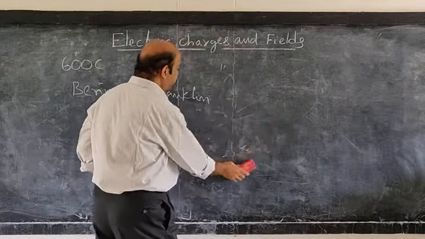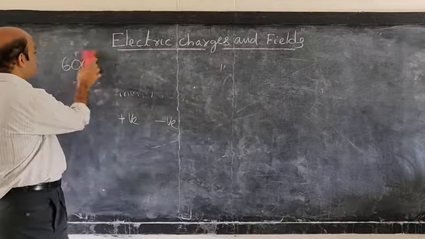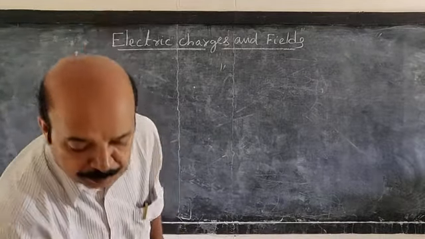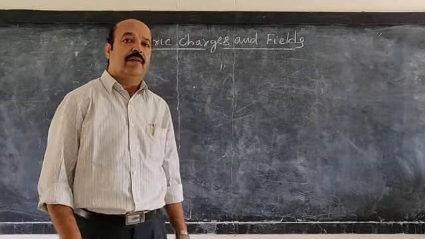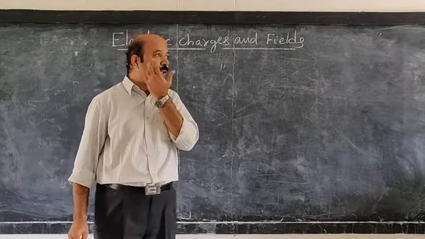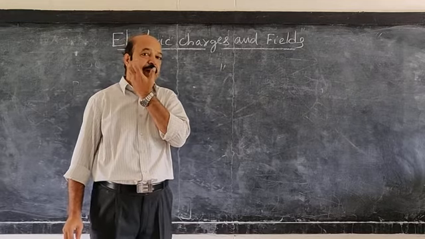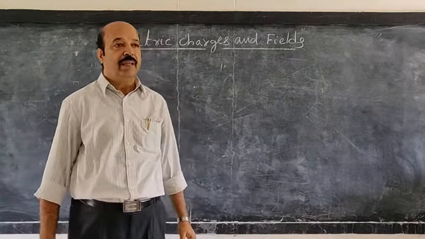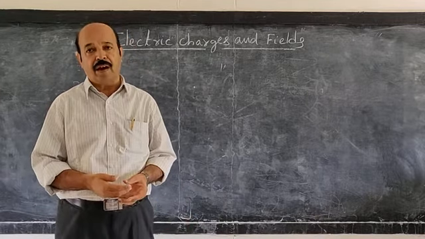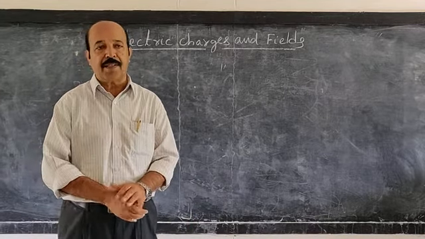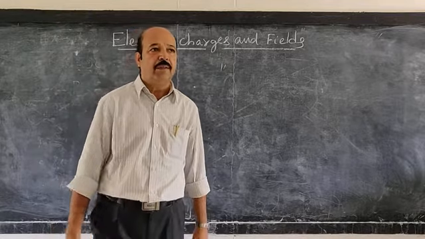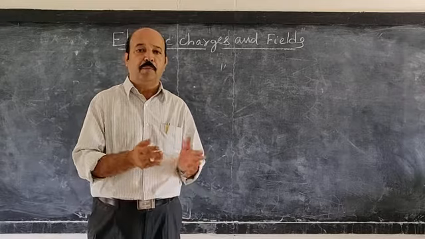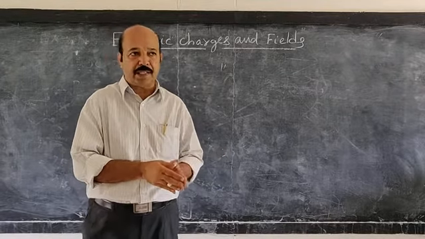Now, there are, as I said, two kinds of electric charges present in any body. Actually, after knowing the structure of matter, scientists could explain the reason for the two kinds of charges. We now know that every atom consists of both positive charges and negative charges.